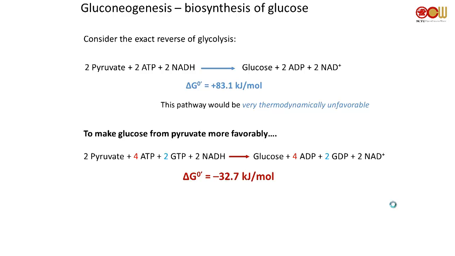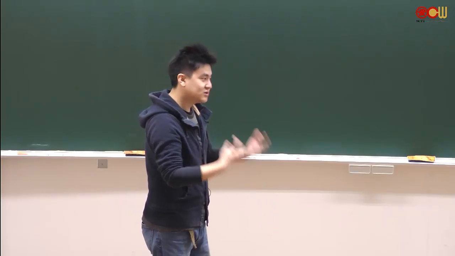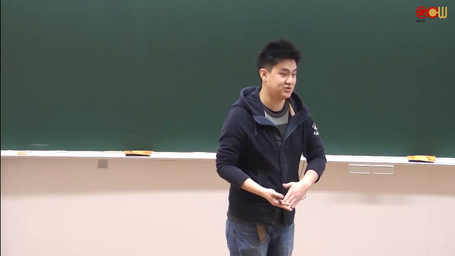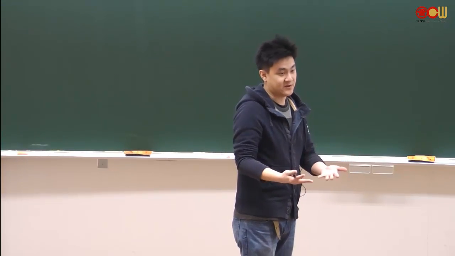That will give you glucose, and the delta G changes to minus 33 kilojoules per mole. Now this process becomes favorable. So you have to invest additional energy to make the pathway efficient. Remember, most metabolic pathways have to have a net negative delta G. Otherwise, it's not going to happen.